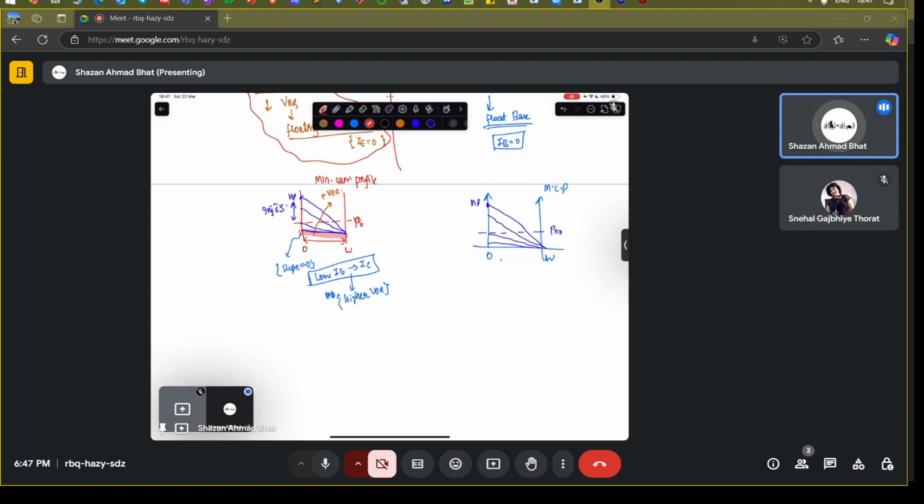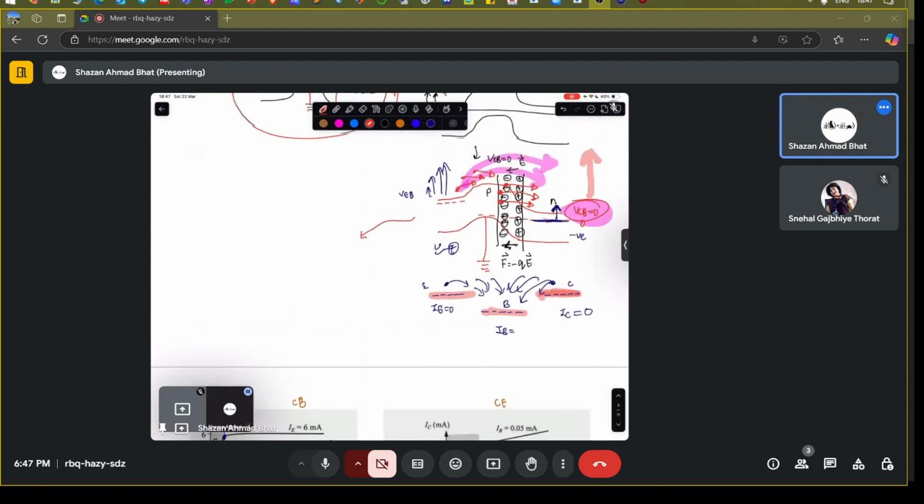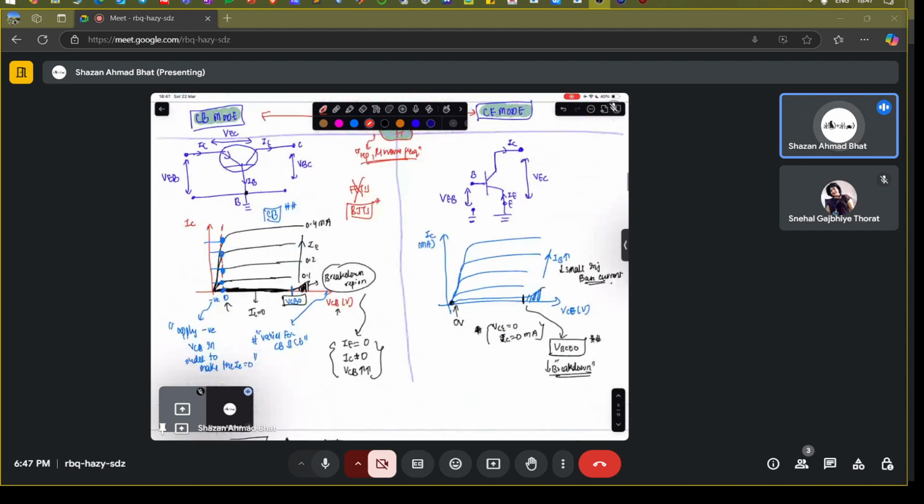So what is basically going to happen in case of the common emitter configuration, in this particular mode? Because you are now floating this end, VEB, you are completely keeping it open.